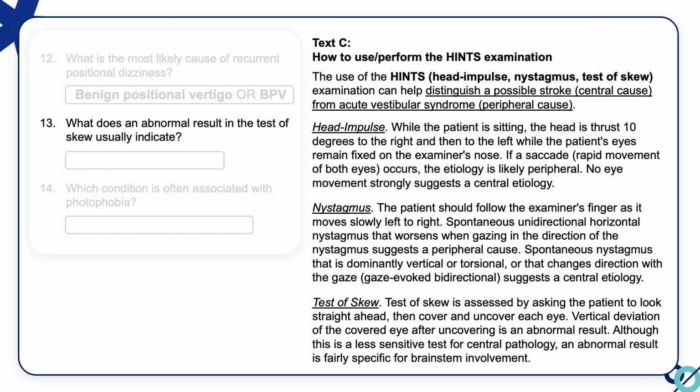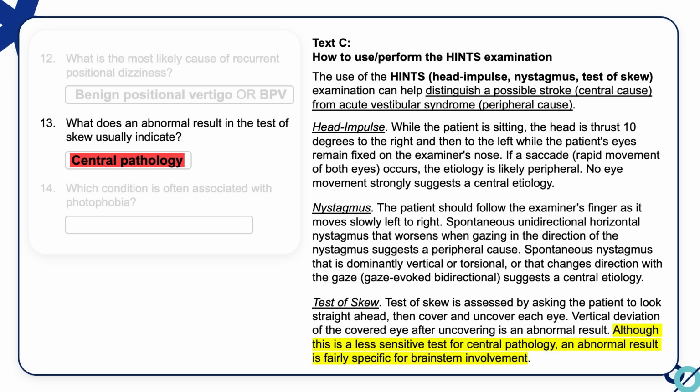Now let's look more closely at question 13. What does an abnormal result in the test of skew usually indicate? The correct answer is brainstem involvement, but candidates often incorrectly answer central pathology. This error comes from reading text C too quickly. The sentence reads, "Although this is a less sensitive test for central pathology, an abnormal result is fairly specific for brainstem involvement."